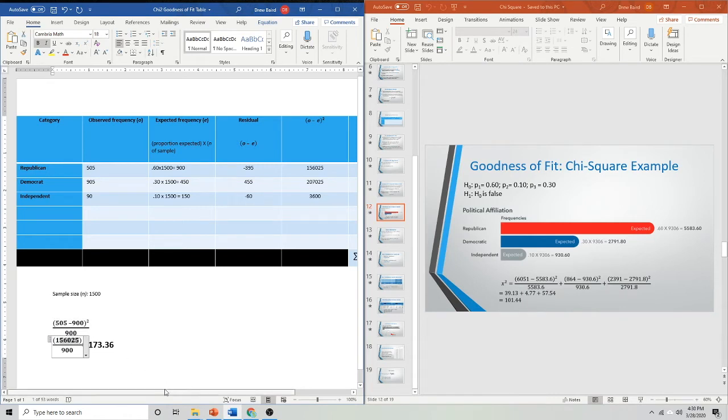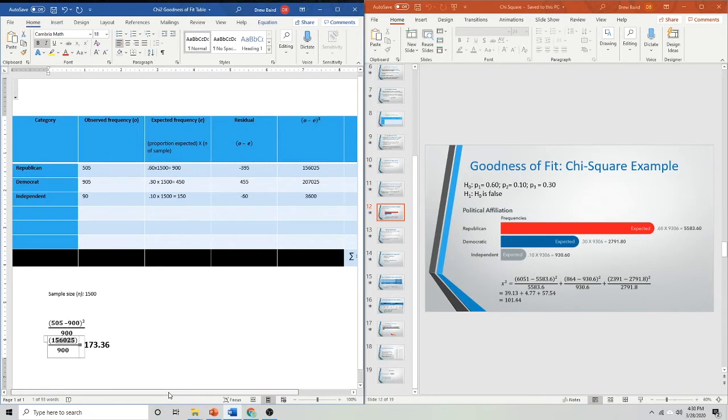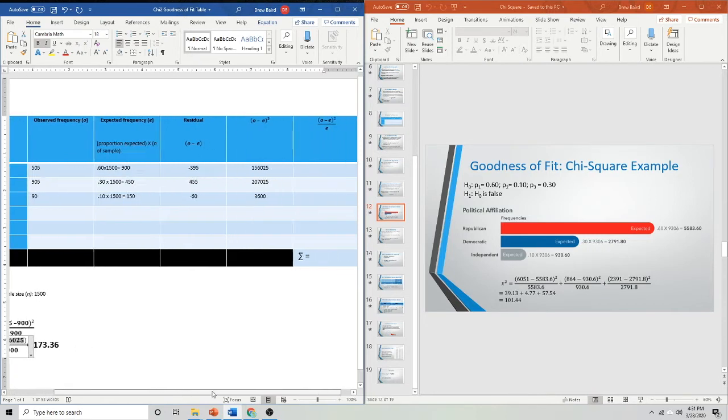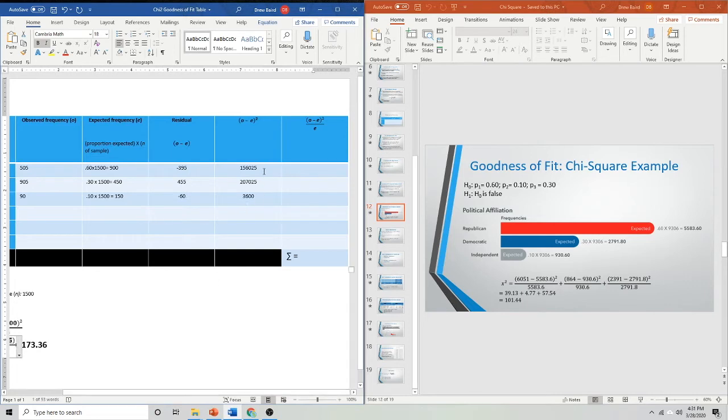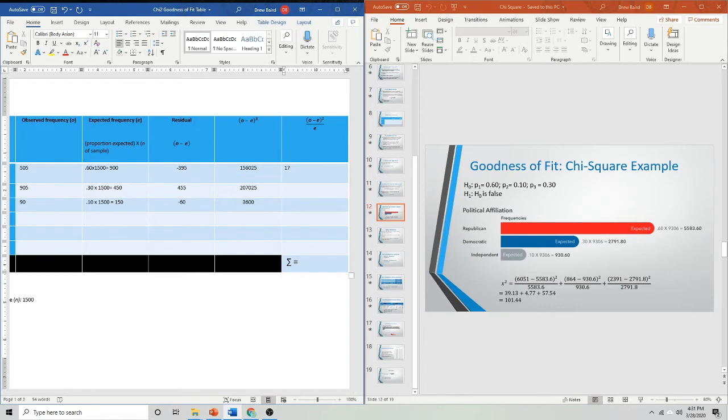Then you just divide that by your expected value for that category, and that ends up giving us an end result of 173.36.